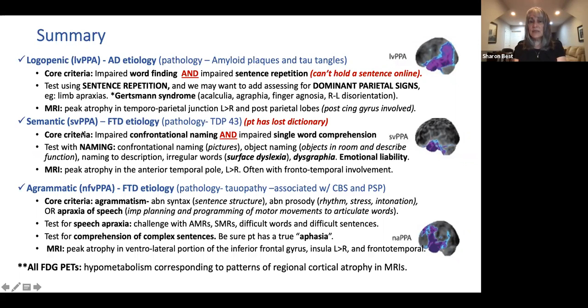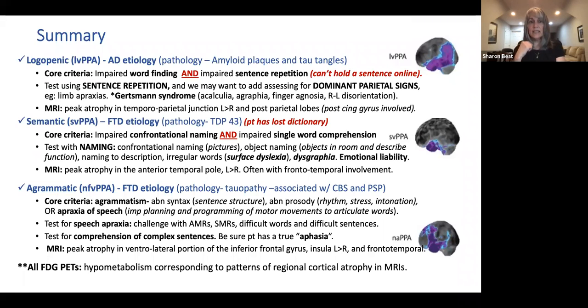Now for the semantic variant, FTD etiology, same as the agrammatic. The primary proteinopathy is the TDP-43, and what we'll remember is this patient has lost their dictionary. The core criteria that must be met is impaired confrontational naming and impaired single word comprehension.